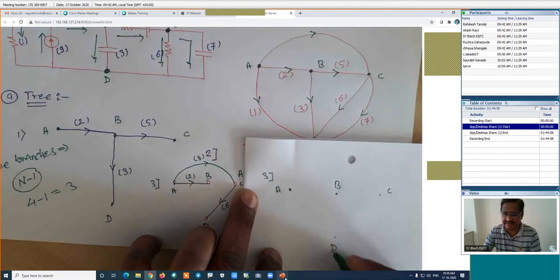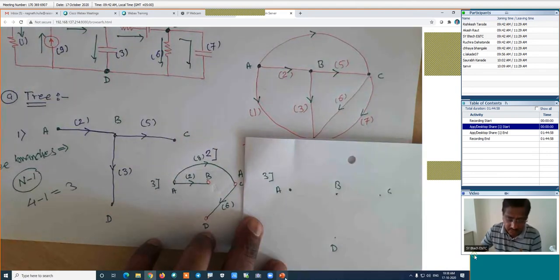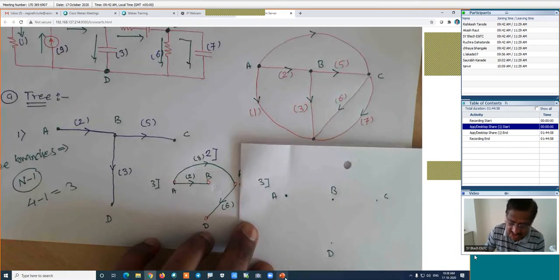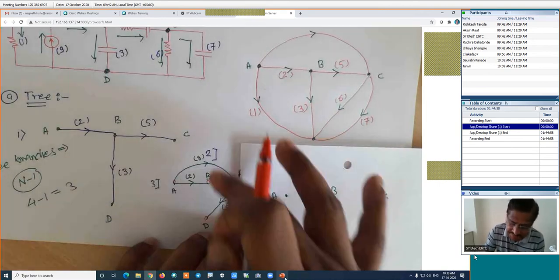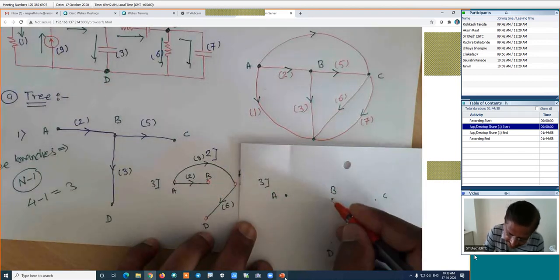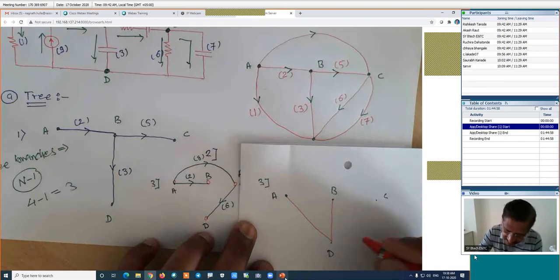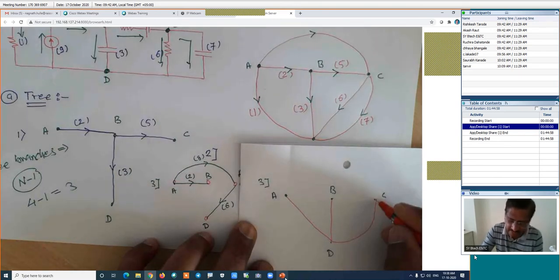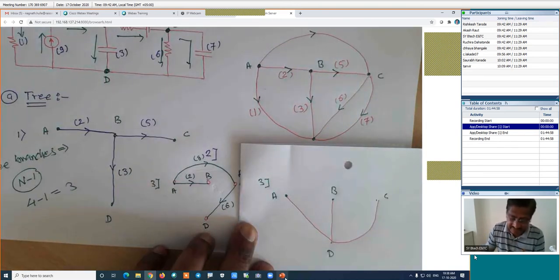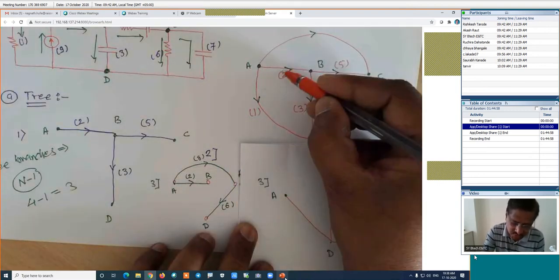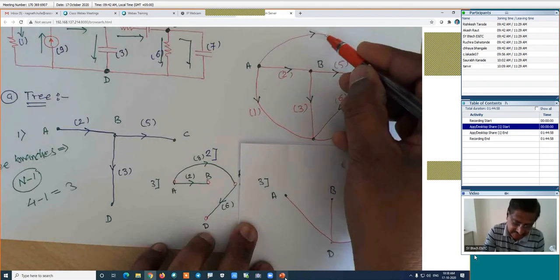If it is a tree, how will its cotree be? We have to select all the branches excluding 1, 2, 3. Here will be this branch, here this branch, here this branch. Is it right? Then what is left? We have considered branches 2, 8, and 6.